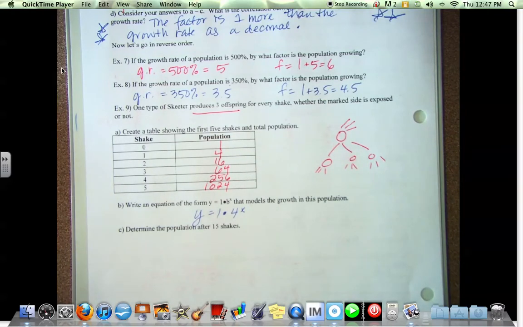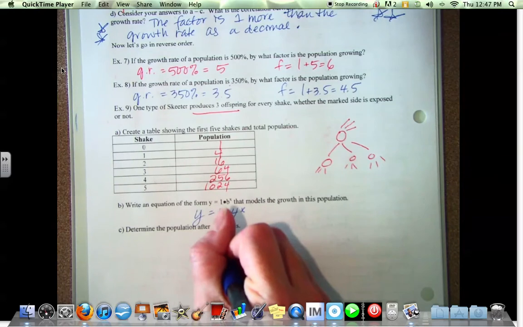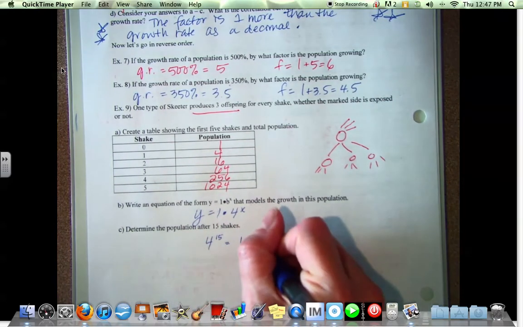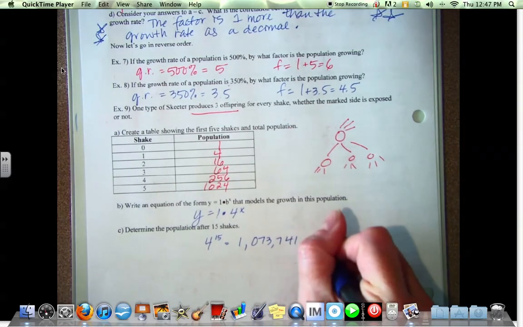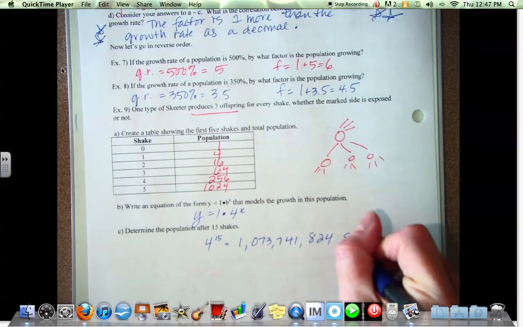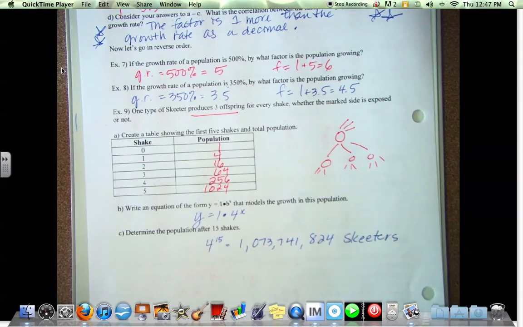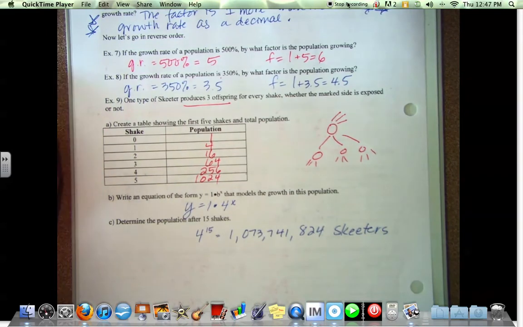So how would I do that? 4 to the power of 15. 4 to the power of 15 gives us 1,073,741,824. Can't read that. Why not? 1,073,741,824 skeeters.